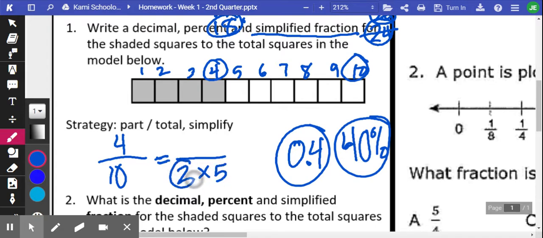And then we use that same factor for 4. 2 times 2 is 4. So the common factor, 2 and 2, we take that out, and we're left with 2 fifths. So 2 fifths equals 4 tenths, which equals 40%.